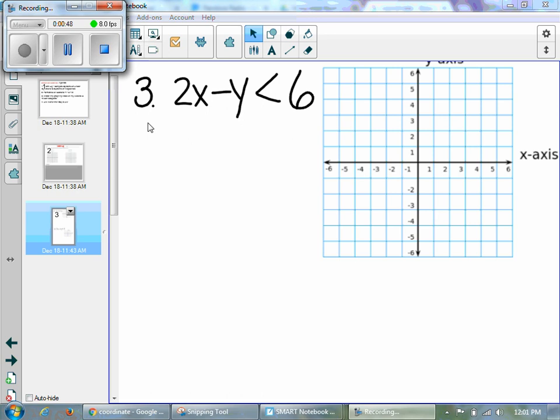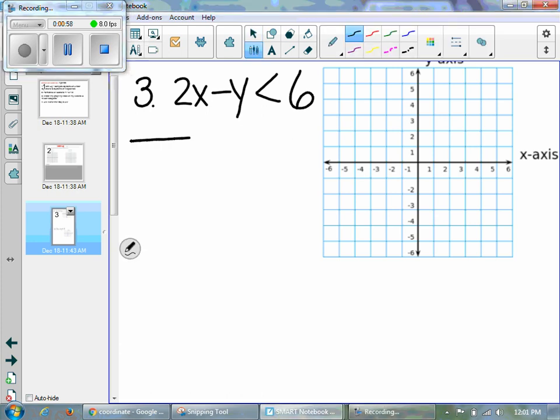And then vice versa for my y value. If I want to find my y-intercept, my x value would be 0. Sometimes teachers tend to write the x and the y-intercept in chart form. So to find my x-intercept, I would substitute 0 in for y. And then to find my y-intercept, I would substitute 0 in for x and solve.